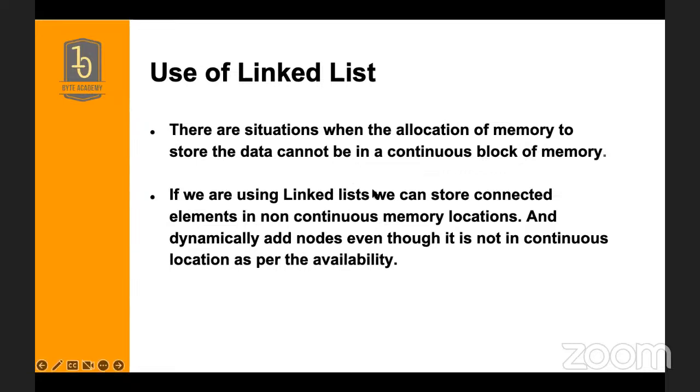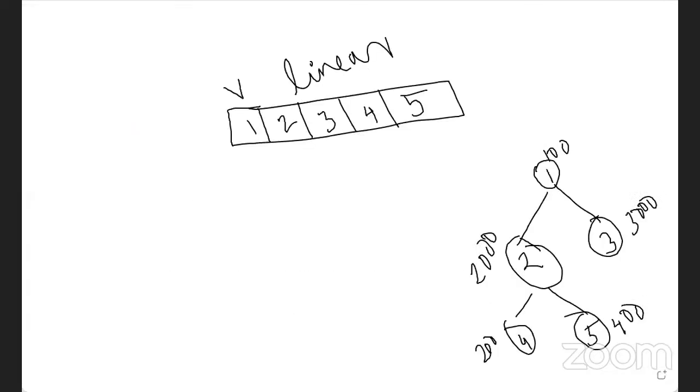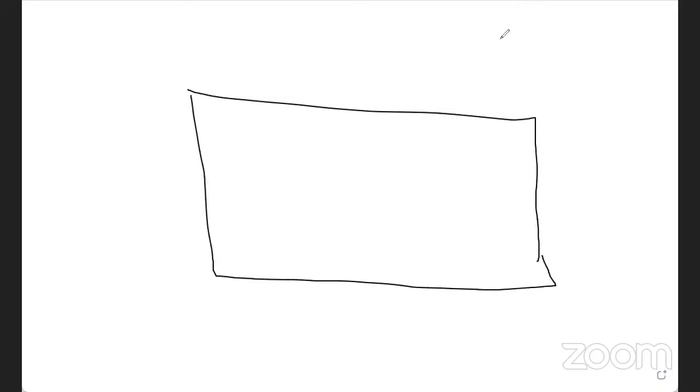If we are using a linked list, we can store connected elements in non-continuous memory locations and dynamically add nodes even though it's not a continuous location, as per availability. Let's see how. Let's say this is the memory we have, and I want to store 1, 2, and 3.